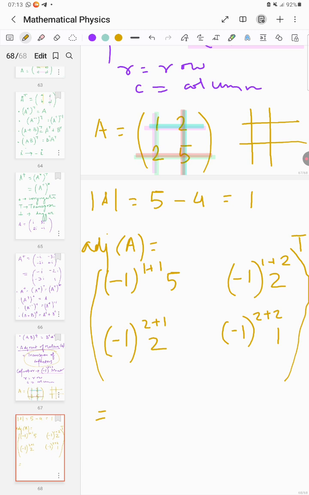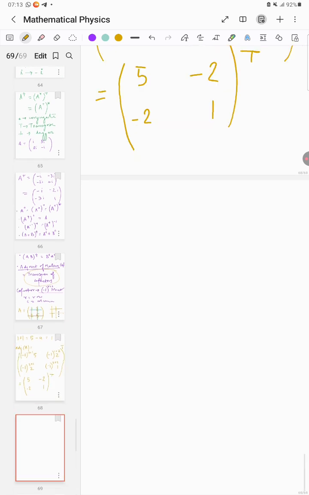Alright, so now this will give us minus 1 to the power 1 plus 1 is plus 1, plus 5; minus 1 to the power 1 plus 2 is minus, so minus 2; minus 1 to the power 2 plus 1 is minus 1, so minus 2; and minus 1 to the power 2 plus 2 is plus, so plus 1, and we need to find the transpose of this.